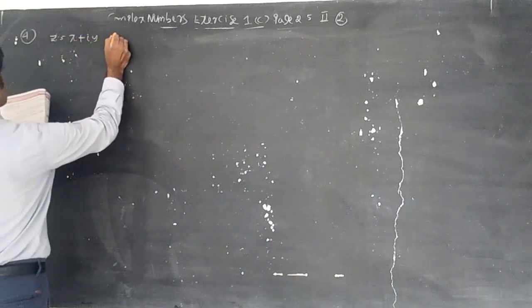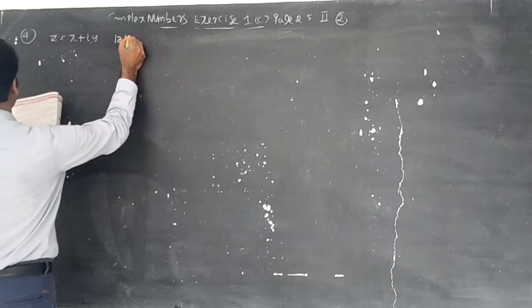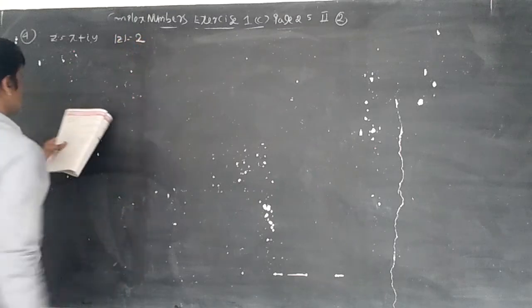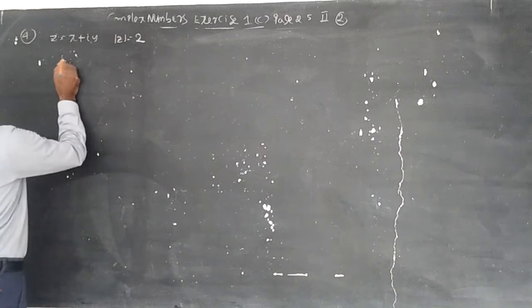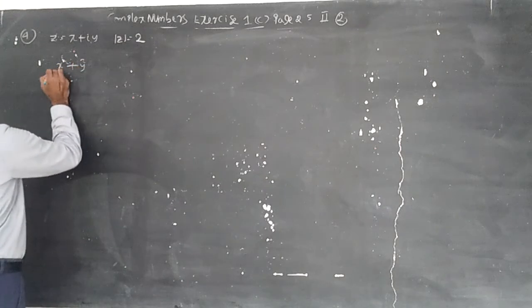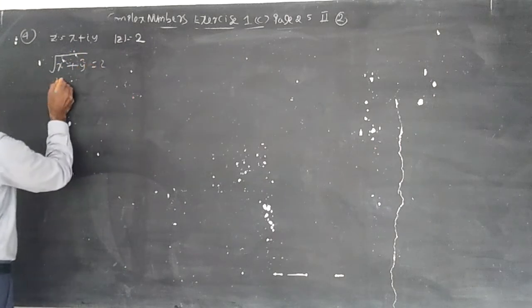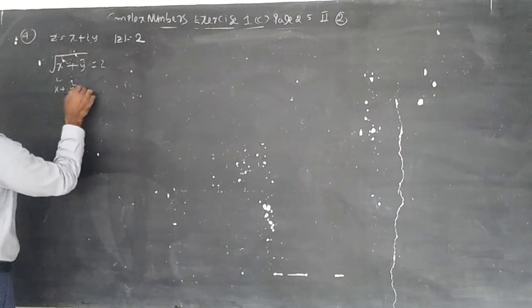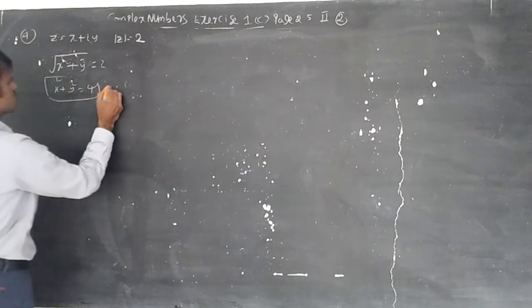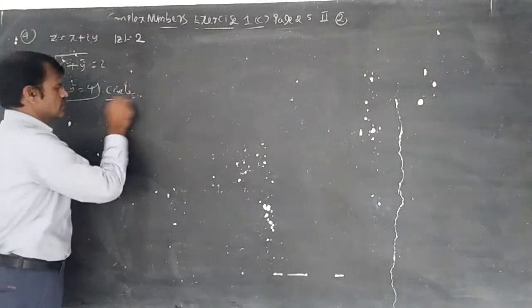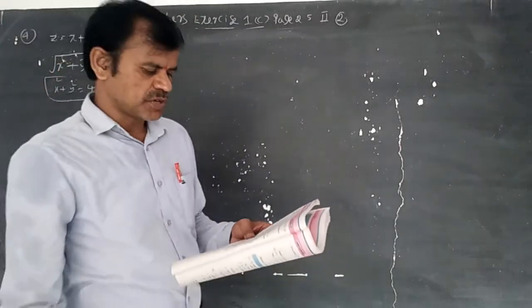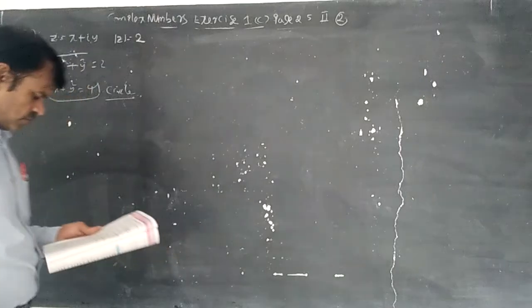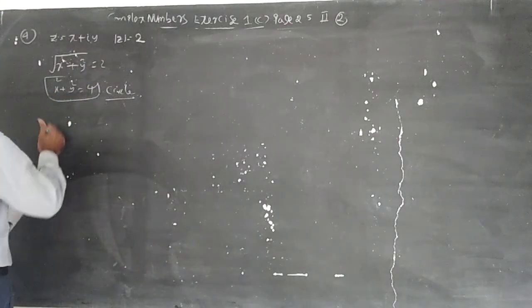Find the locus of z such that modulus z is equal to 2. Students, modulus z means root of x square plus y square equal to 2. Squaring both sides, x square plus y square equal to 4. It is a circle, having center (0, 0) and radius 2. Directly we can write.